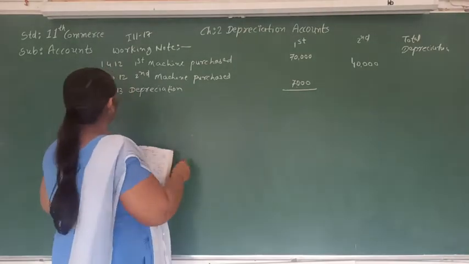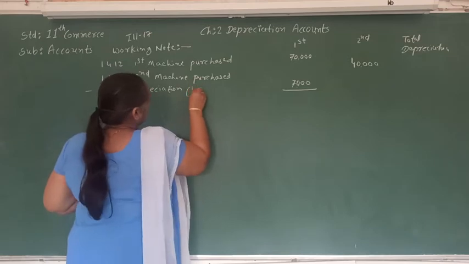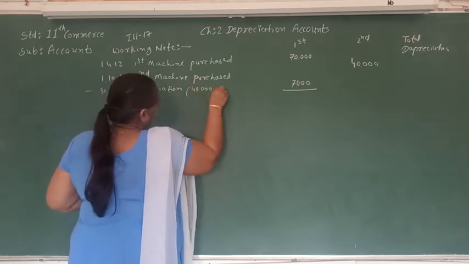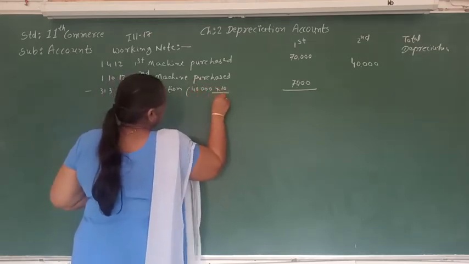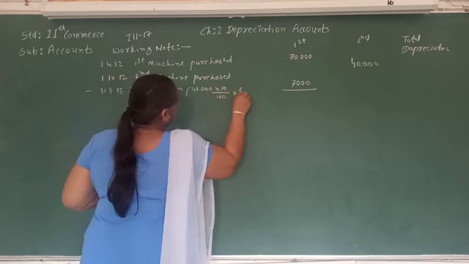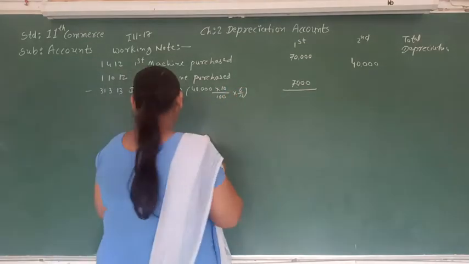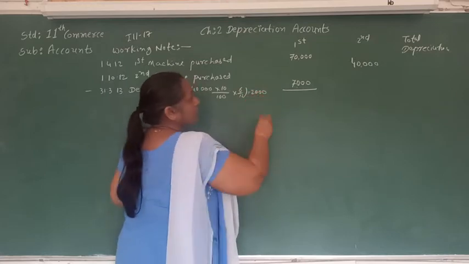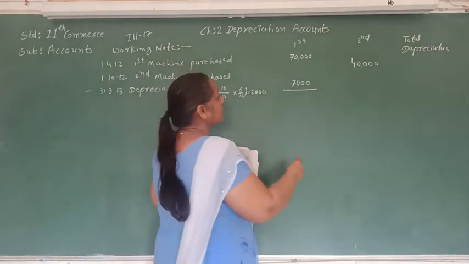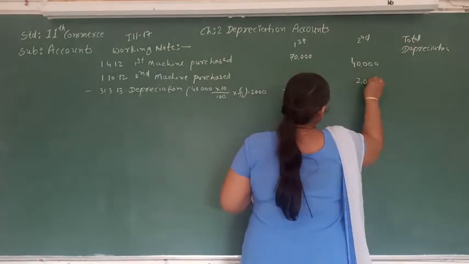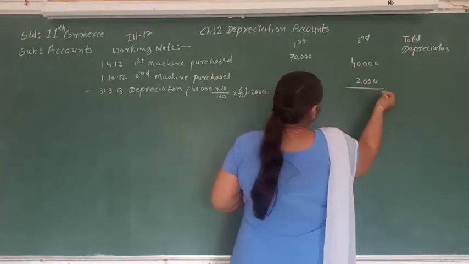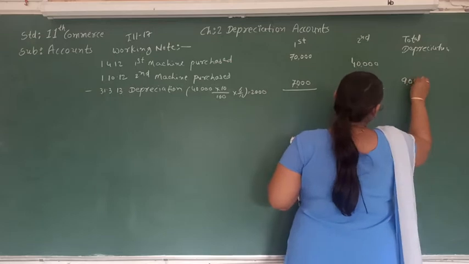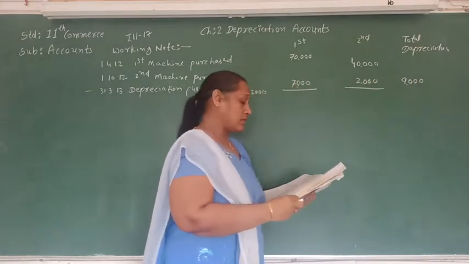So let's calculate depreciation for the second machine. It is 40,000, 10%, and it is for 6 months only. So that will be 2,000 only. So depreciation of the second machine for the first year will be 2,000 only. Here 7 plus 2, total depreciation for the first year will be 9,000.